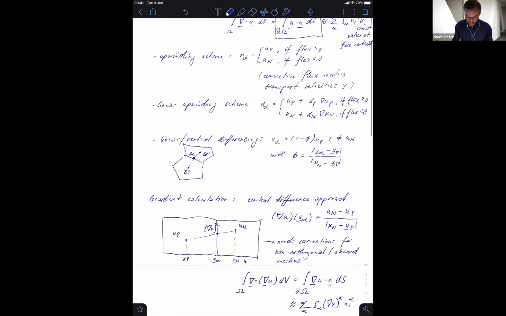And the linear upwinding scheme takes advantage of knowing within the cell what U of P is, but also what the gradient is at the centroid. So plus the gradient of U at P, and then we can linearly interpolate the value so we know what U alpha is.